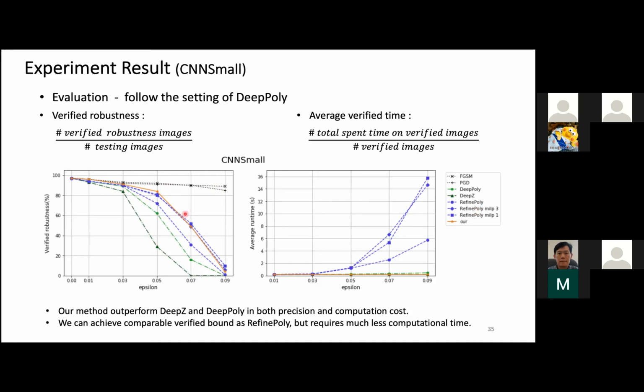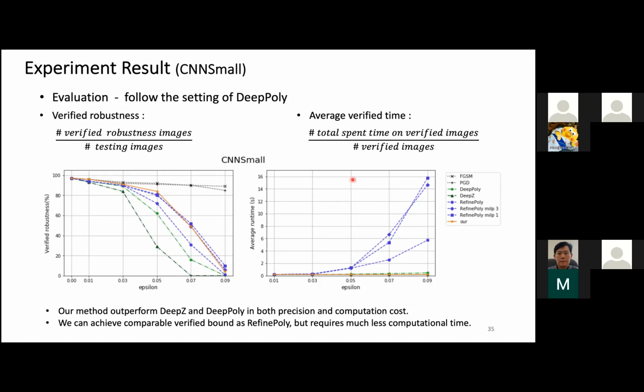Orange is ours. So in this figure, we can see our bound is this orange line, and RefinePoly 3 are the other two best, in that they are close to the black lines here.